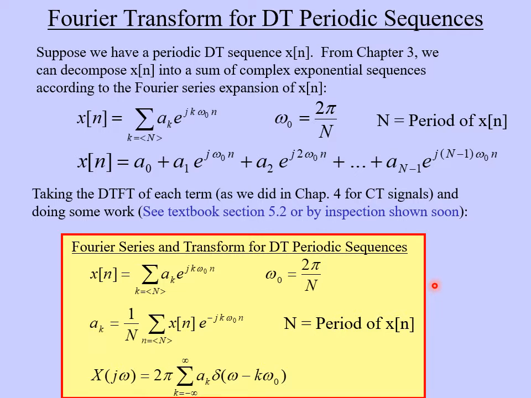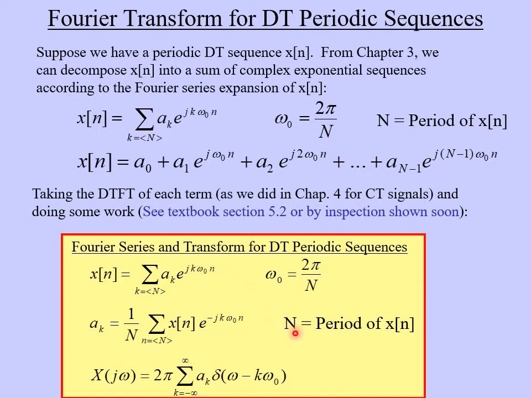The difference between this video and the last one is that we're now dealing with periodic sequences, sequences that repeat over and over. For a periodic sequence, we can represent the sequence as a complex Fourier series. This is stuff from chapter 3, where we first learned this.